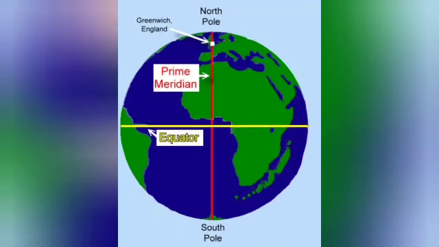The meridian passing through the Old Royal Observatory at Greenwich near London was chosen as the starting point of the meridians in 1884. It was marked 0 degree and called the Greenwich meridian or the prime meridian.